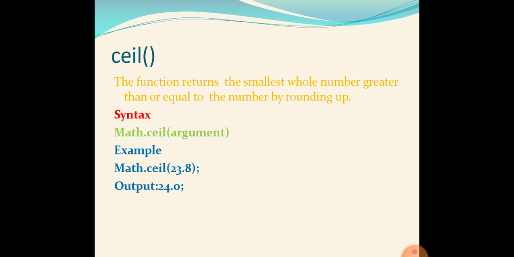So when you are writing Math.ceil(23.8), it will return the result as 24.0. Similarly, when you write Math.ceil(-23.8), in that case it will be the reverse, that is, it will return minus 23, as minus 23 is greater than minus 24.